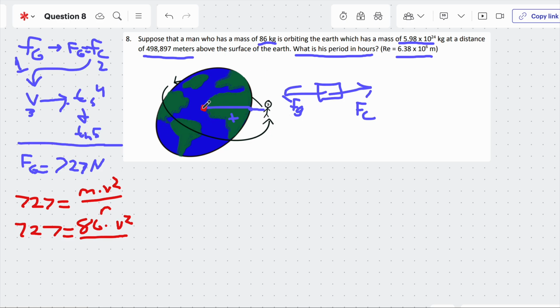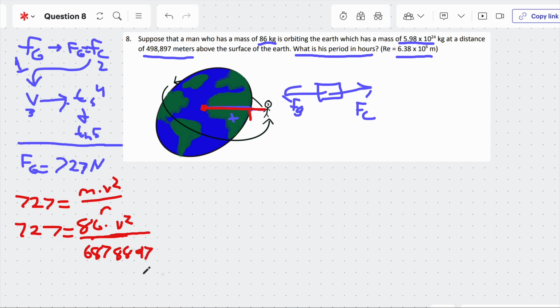That's what he's rotating around. And the radius is the distance to him, which is both of those parts. So I'm going to do 6.38 times 10 to the 6th in parentheses, and then plus our 4,98897 to get our 6878897.